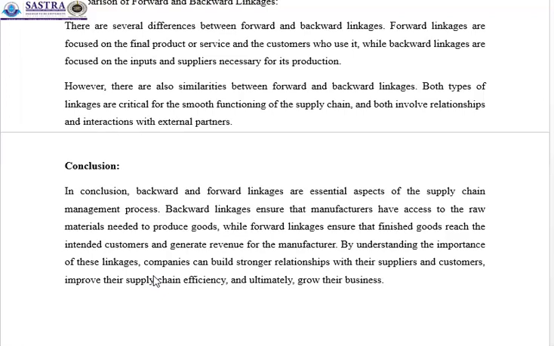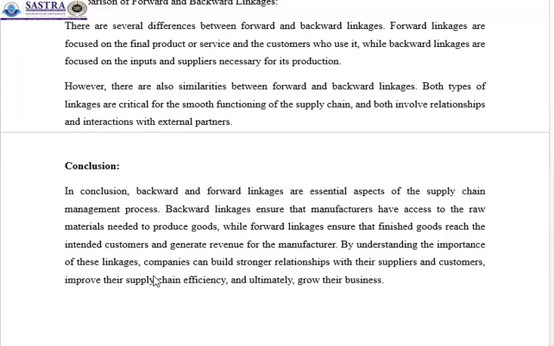Some goods may not be durable products; they may be perishable in nature, so those types of goods also need a proper linkage of forward nature, so that the customers will get fresh products, like fruits or vegetables.